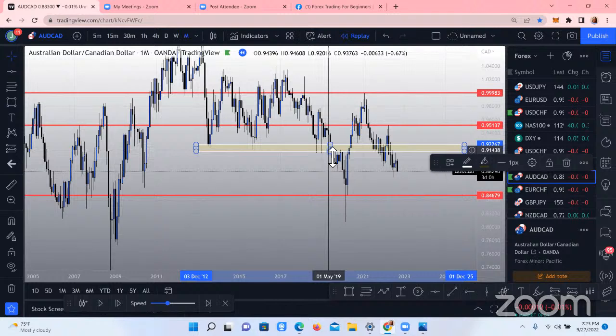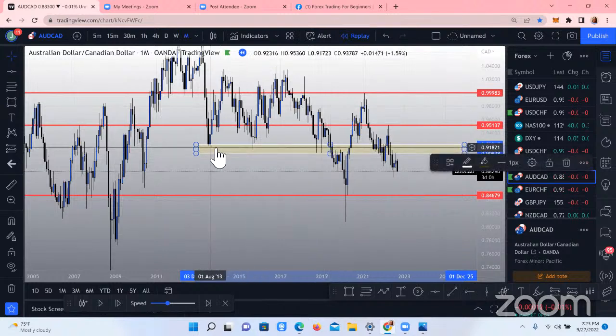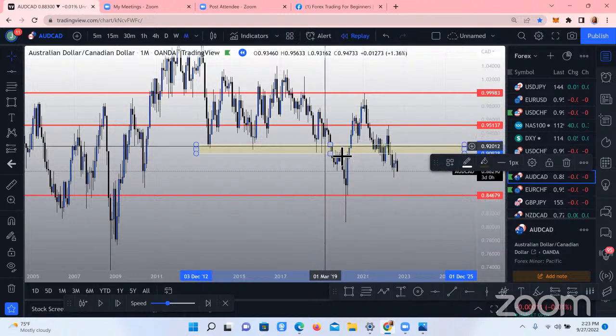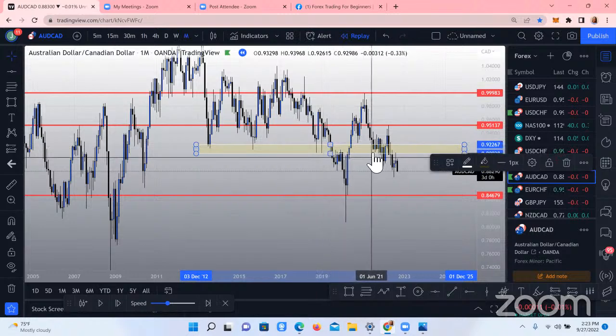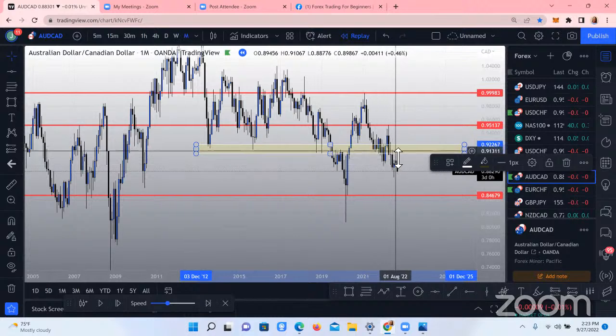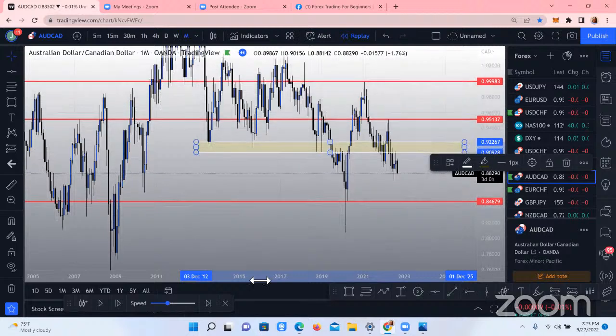I'll explain this a little bit more. This resistance was support, and then it became support again, and then it dropped under and became resistance. That is the reason I'm putting that right there.